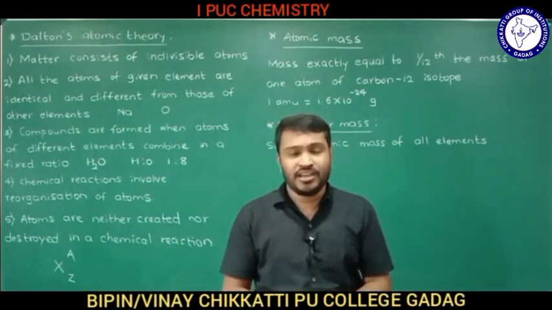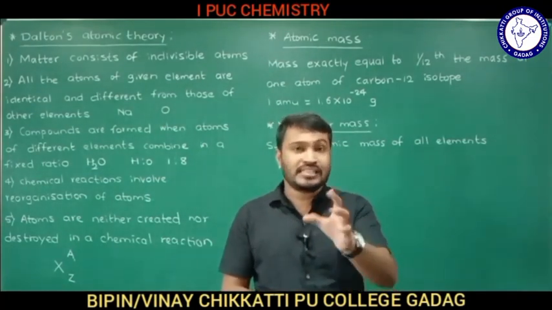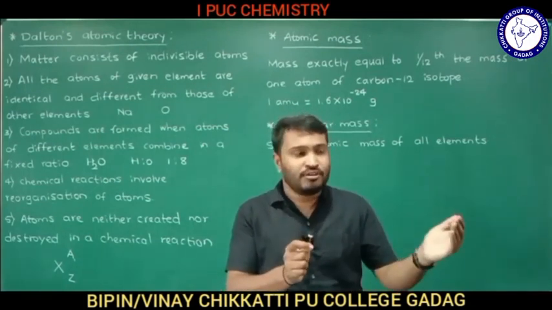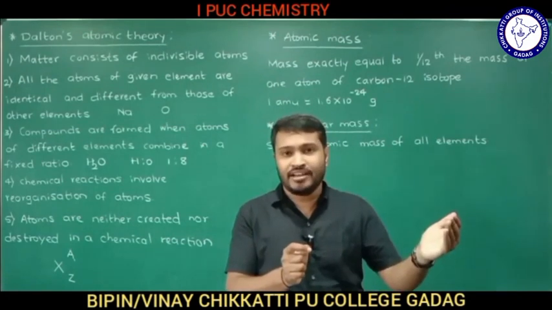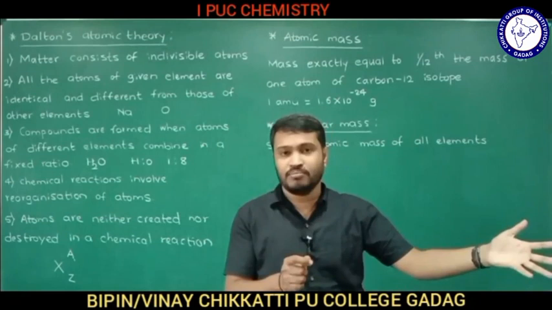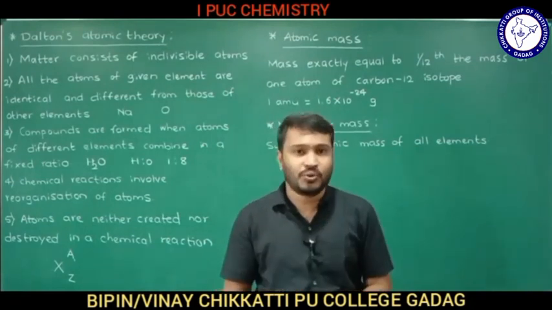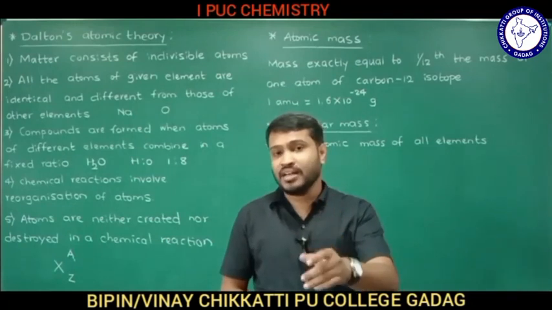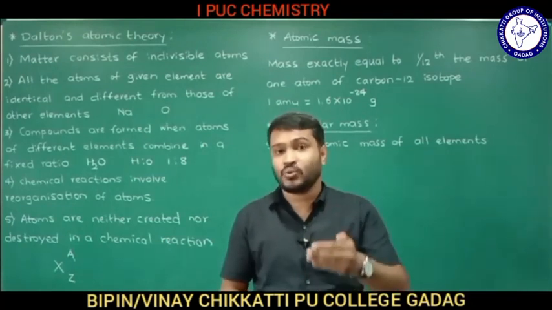So here we consider carbon 12 as a standard. If we have a new element or atom and we are supposed to calculate its mass, we compare it with carbon 12. That is how we now calculate the atomic mass, considering carbon 12 as a standard.